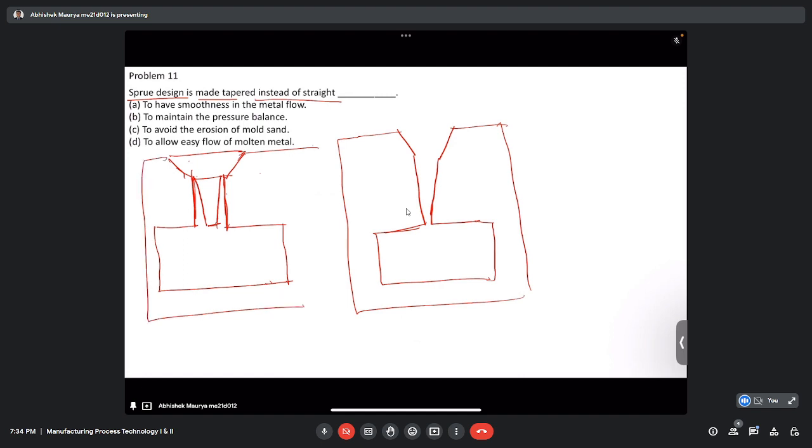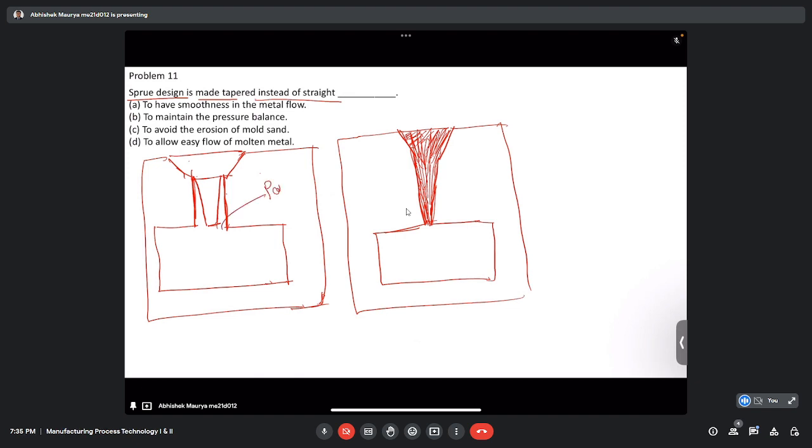So if the sprue is like this, then we can avoid any kind of aspiration, because now there is no gap between the molten metal and the walls of the sprue. Now the sprue is completely filled, so no formation of vacuum and no aspiration effect will take place.